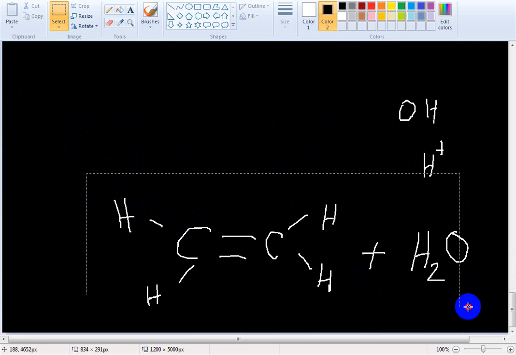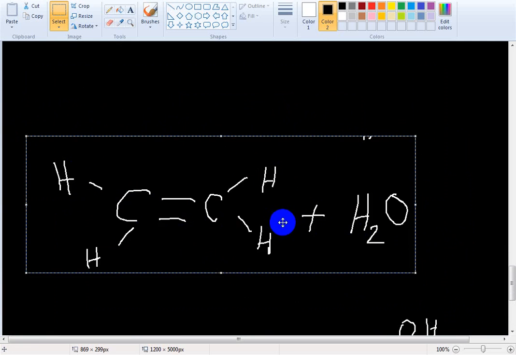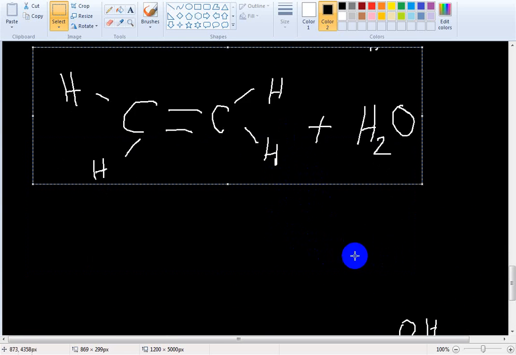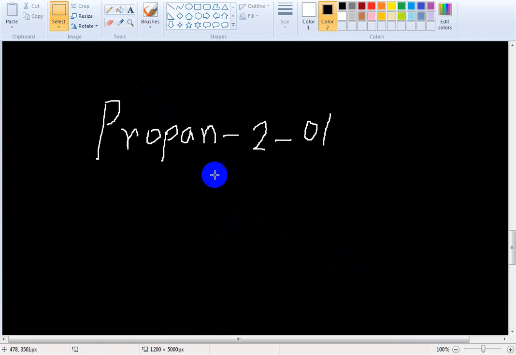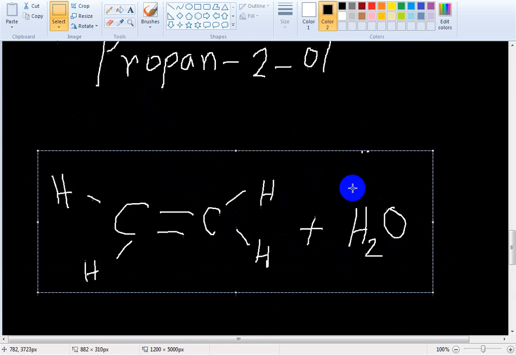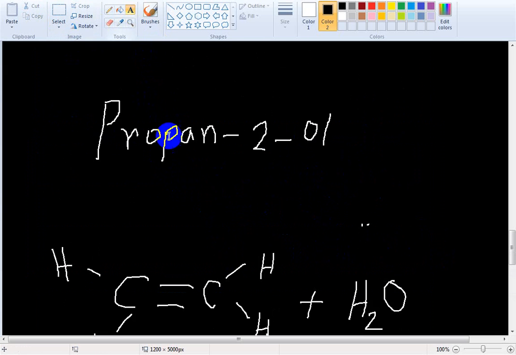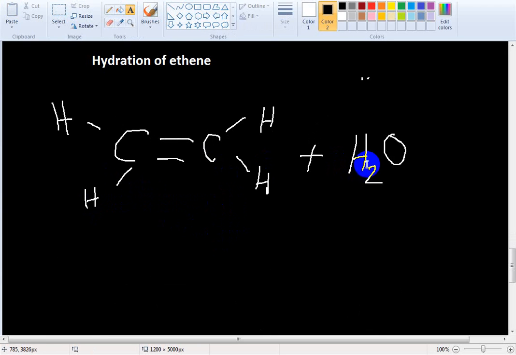This is ethene. Hydration means water is added.